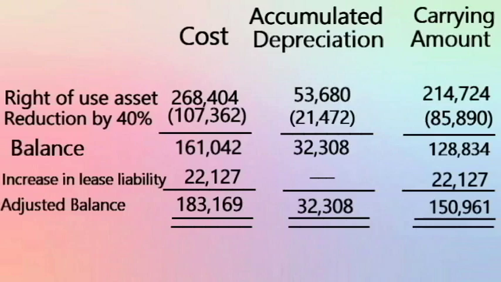So, yung balance, i-add natin doon yung increase in lease liability na 22,127. So, i-add natin siya. So, makikita natin dito yung adjusted balance na sa cost is 183,169, and dun sa carrying amount which is 150,961.